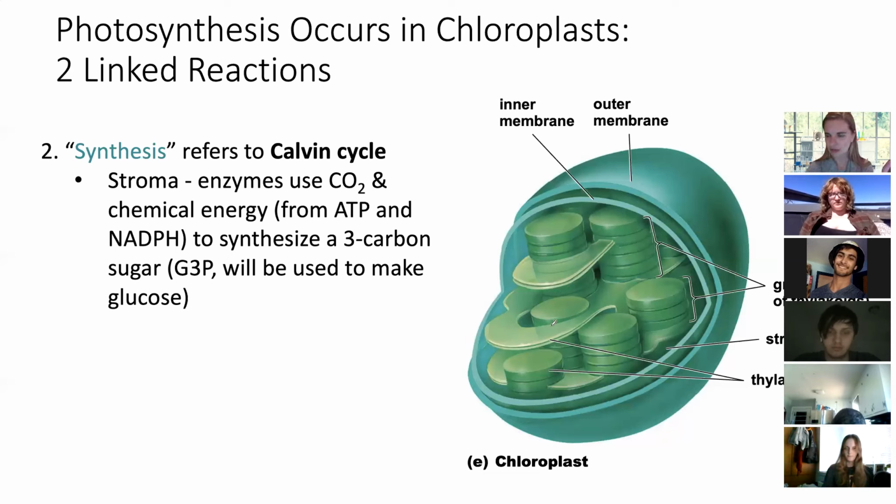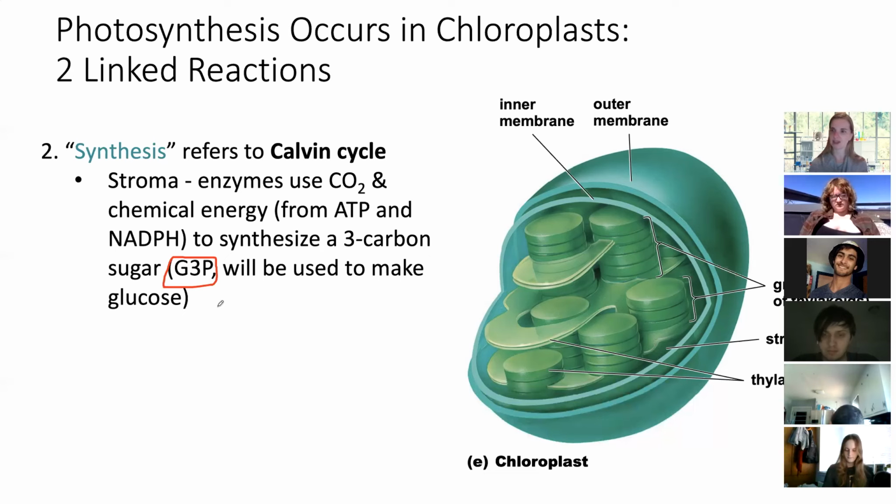One thing that confuses students a lot, and we'll get to this probably on Monday, is that we're not directly making glucose in the process of photosynthesis. What we're making is this 3-carbon sugar known as G3P. So G3P is going to be an important molecule for you to remember as we work through both photosynthesis as well as cellular respiration.